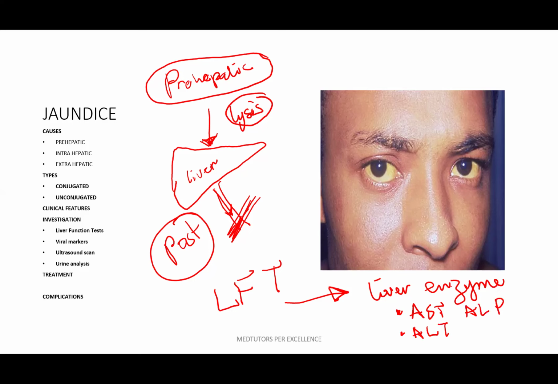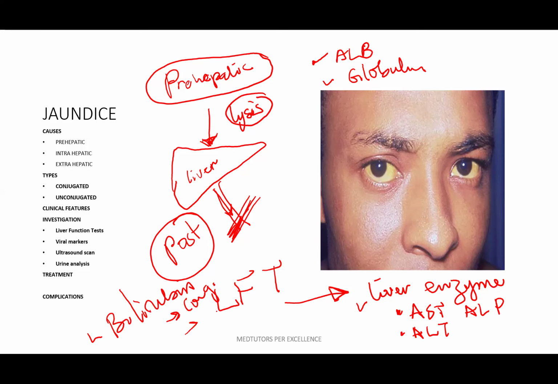I hope you know all what they mean. Then the albumin, globulin, then bilirubin, and in the bilirubin now, you look at the conjugated and the unconjugated.